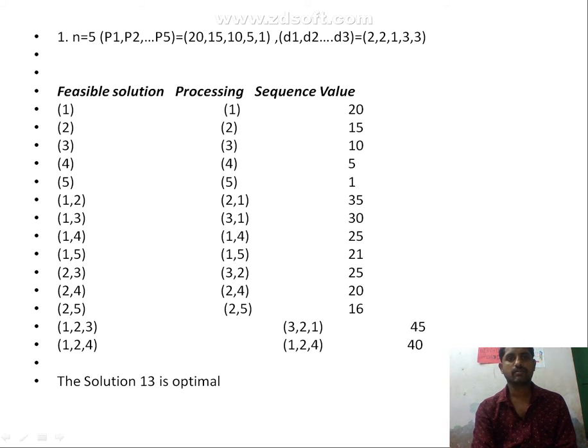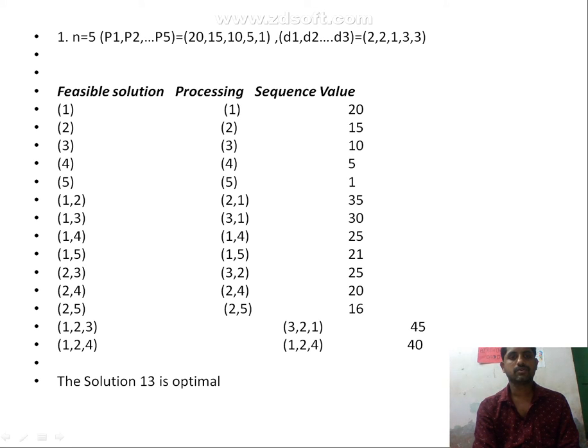For example, one possibility is 20 for the first job, 15 for the second, 10 for the third, 5 for the fourth, and 1 for the fifth. The combination 1 and 2 is 20 plus 15, that is 35, and 1 and 3 is 30, 1 and 4 is 25, and 1 and 5 is 21.